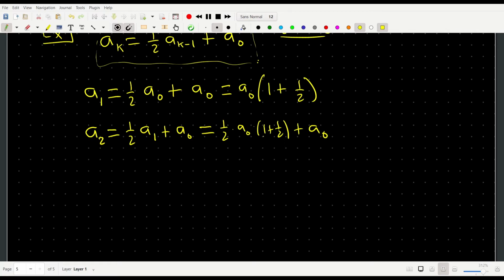So you have 1/2 here, you'll have 1/4, and then you'll have plus a_0. So this entire thing is going to be a_0 times (1 plus 1/2 plus 1/2 squared, or 1/4).